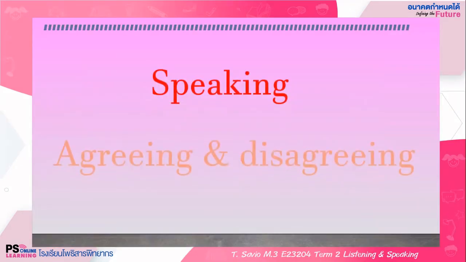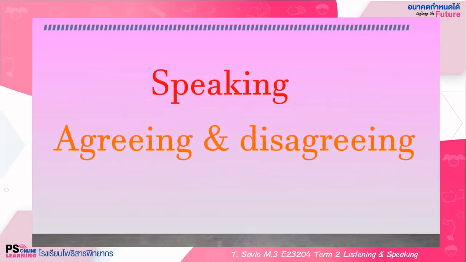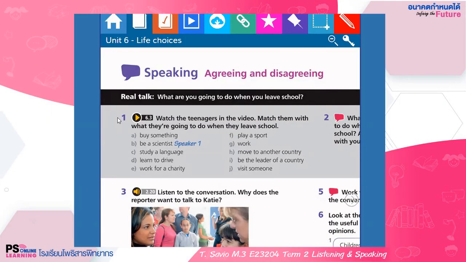Speaking. Agreeing and disagreeing. Real talk. What are you going to do when you leave school? Exercise 1. Watch the teenagers in the video. Match them with what they are going to do when they leave school. A. Buy something. B. Be a scientist.